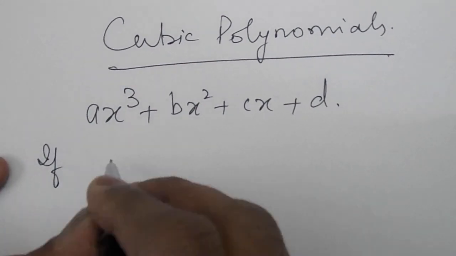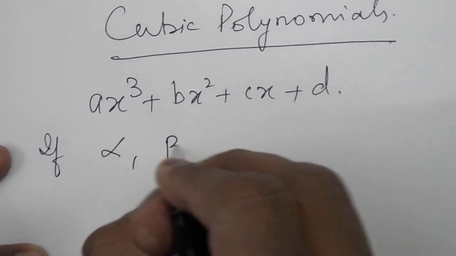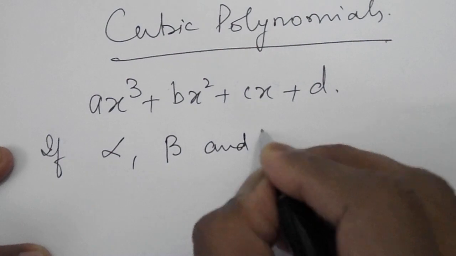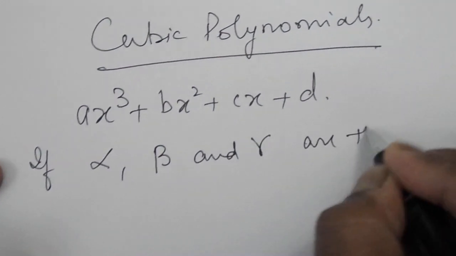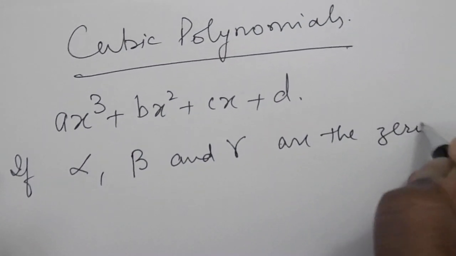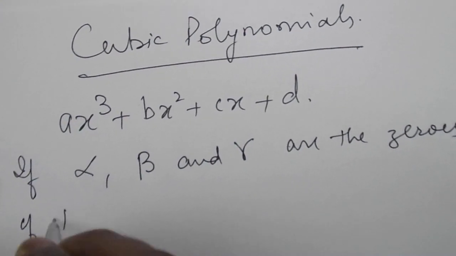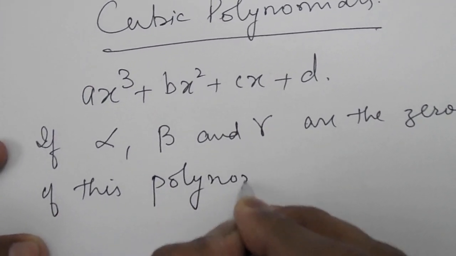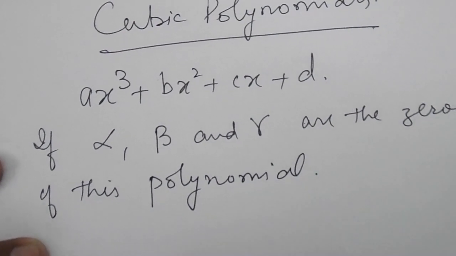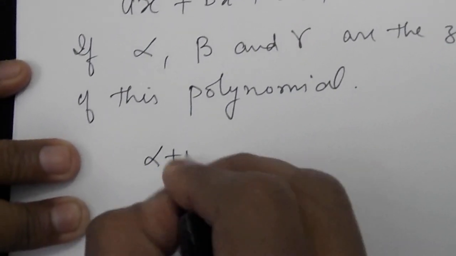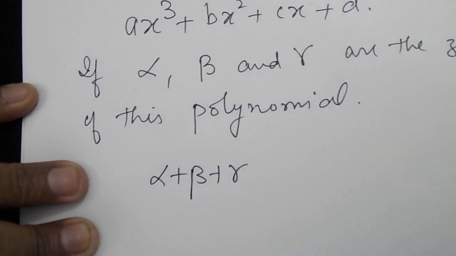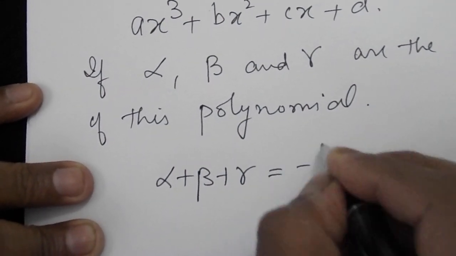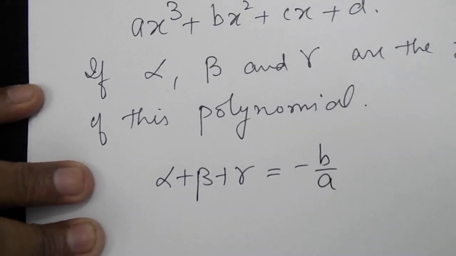If alpha, beta and gamma are the zeros of this polynomial, then we have the relation that the sum of the zeros, alpha plus beta plus gamma, is equal to minus b by a.